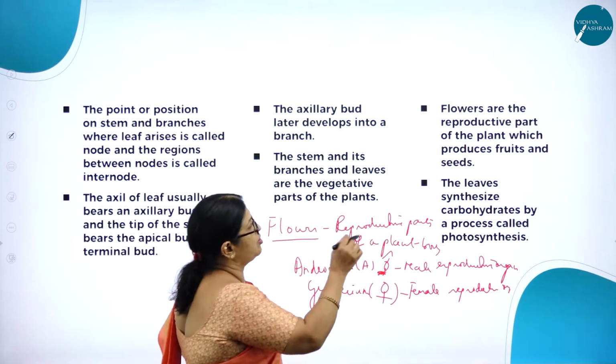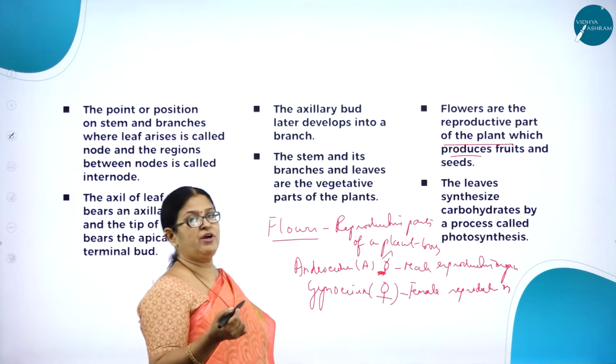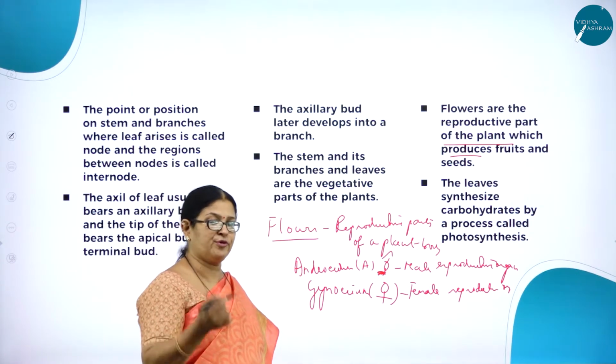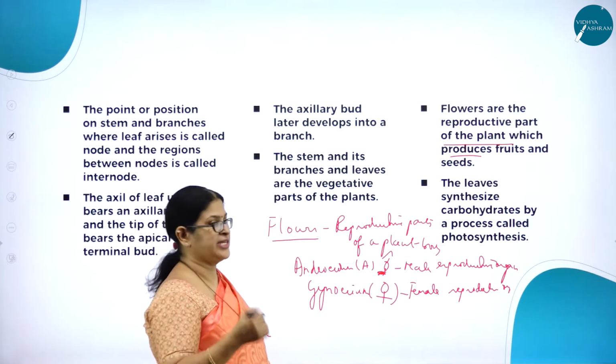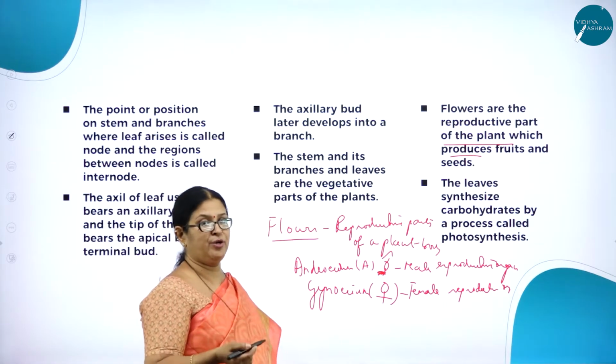So flower is what? The reproductive part of the plant. So as I said, the ovary of a flower will develop into a fruit, and the ovules will develop into seeds. As you know, seeds are very important. They are the developing embryo, right?